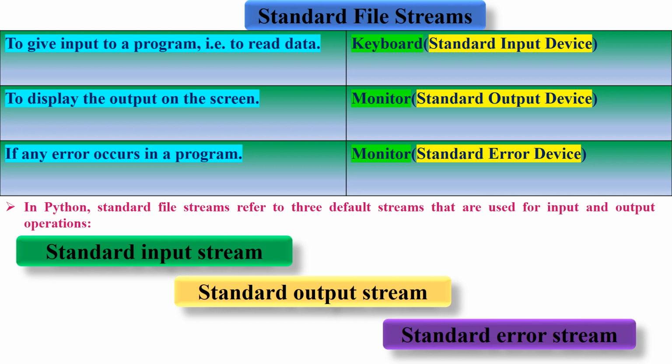In Python, standard file streams refer to three default streams that are used for input and output operations. They are standard input stream, standard output stream, and standard error stream. These standard streams are nothing but file objects, which get automatically connected to your program's standard devices when we start Python.